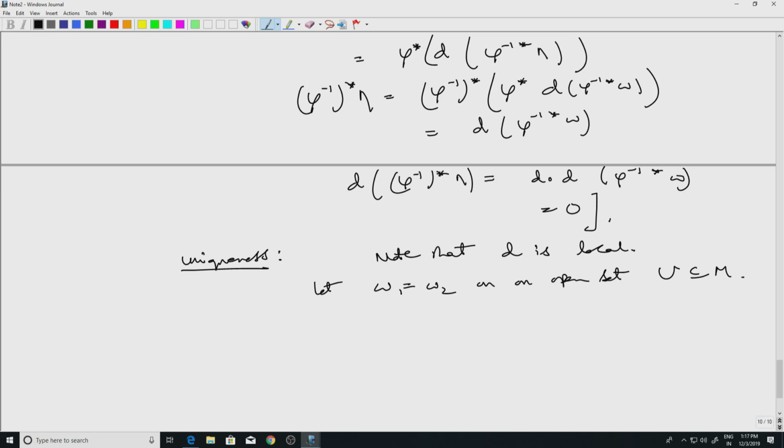So let's take a point P in U, and let's look at the difference between omega 1 and omega 2.